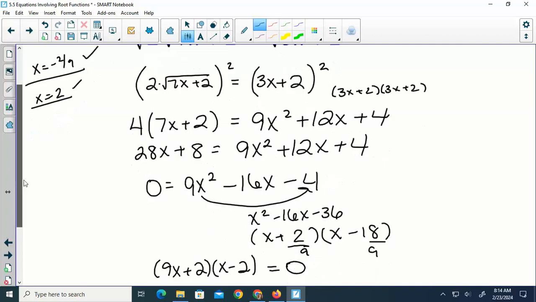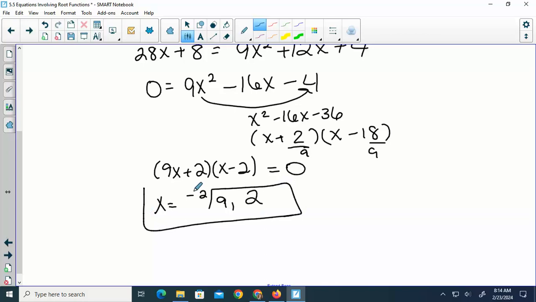So this time we got 2 solutions. So that one was a little bit longer because we had to square twice. Are there any questions about it?